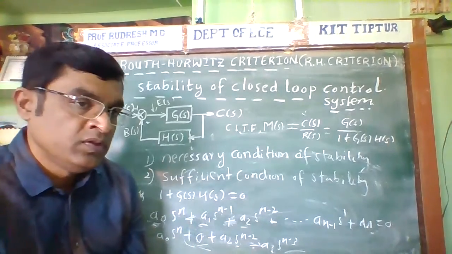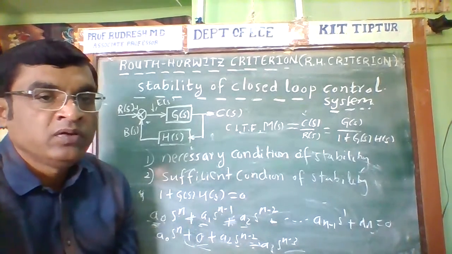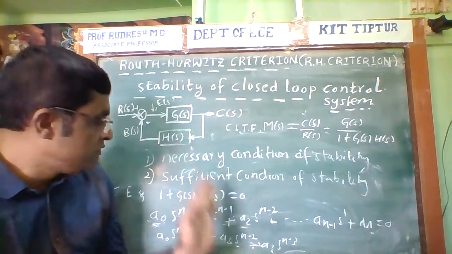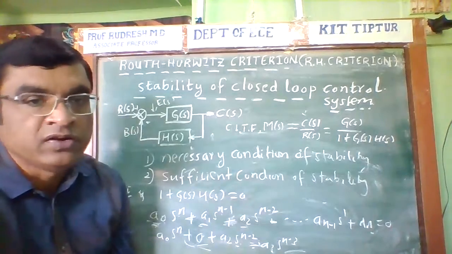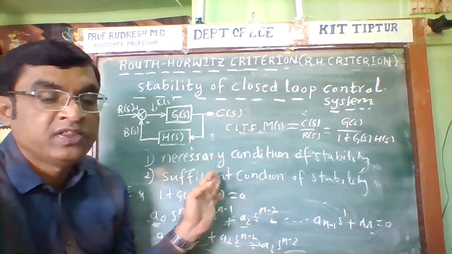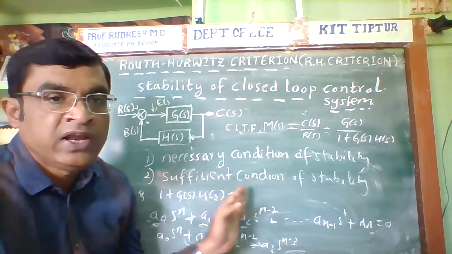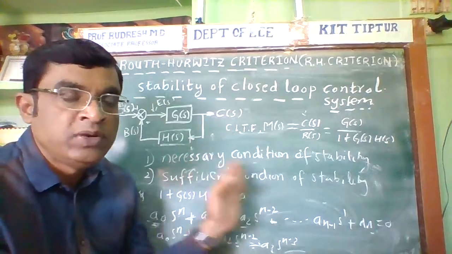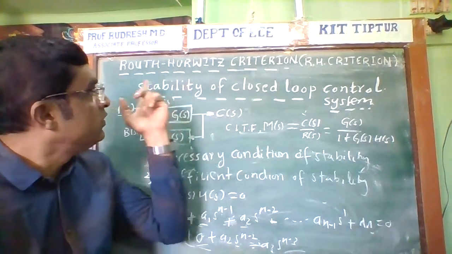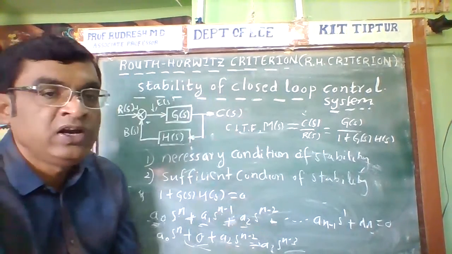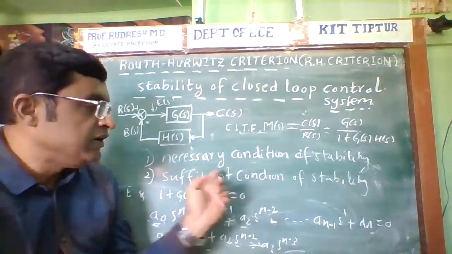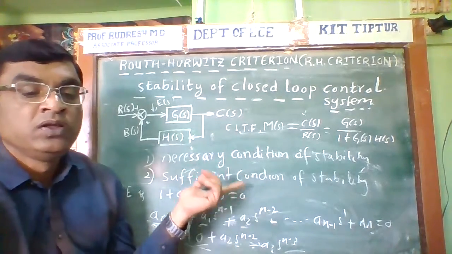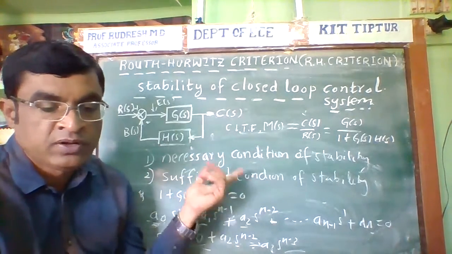Such a system can be verified by the sufficient condition. In order to further investigate the stability of control systems, Routh and Hurwitz jointly published the sufficient condition of stability.